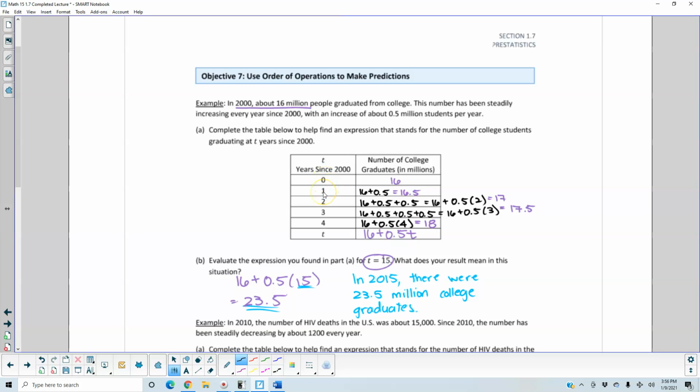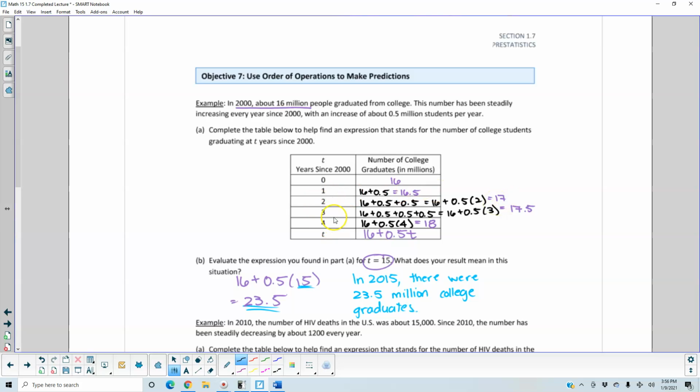2000 to 2001, 16 plus 0.5 is equal to 16.5. Now, to go from 2001 to 2002, we're increasing by another 0.5 million. So 16 plus 0.5 plus 0.5 is the same thing as 16 plus 0.5 times 2, which is equal to 17.